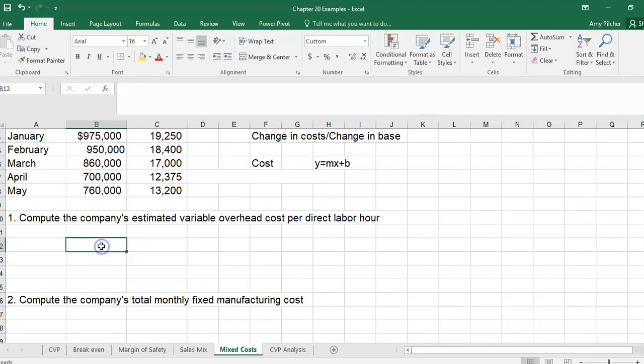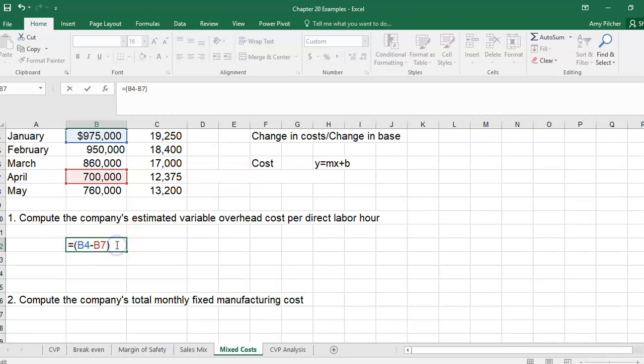So we want to take 975,000 minus 70,000 for our change in costs. We can put parentheses around these.